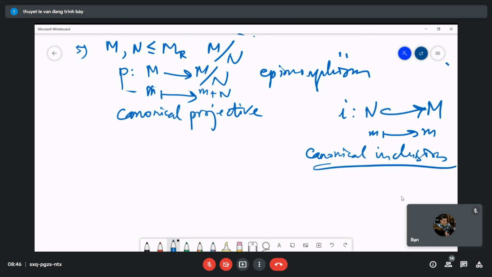For the submodule we say inclusion, but for the quotient we say canonical projection. Here is the canonical inclusion. These two are important homomorphisms in modules.